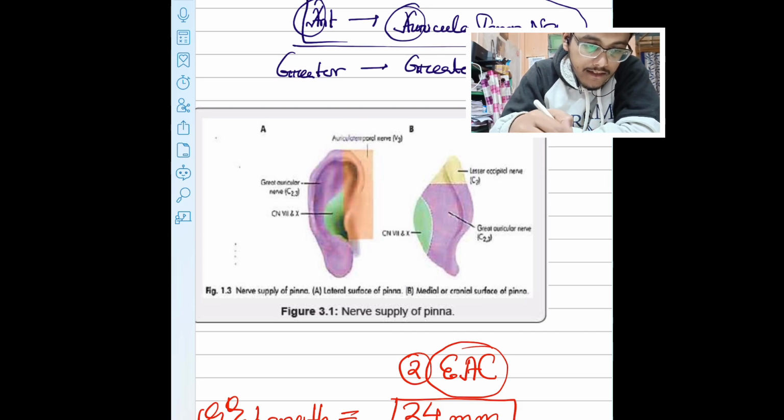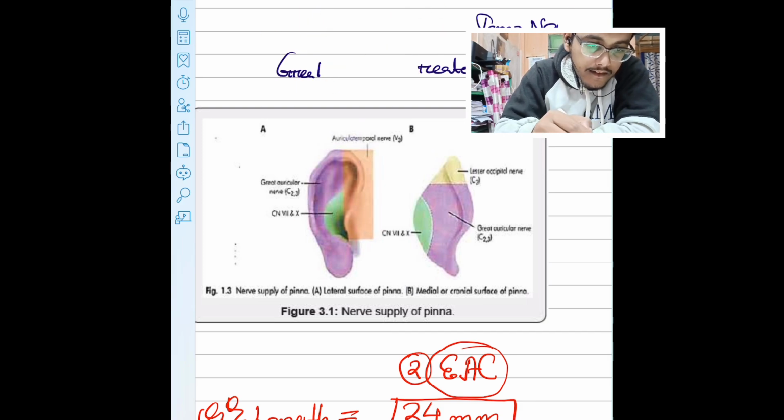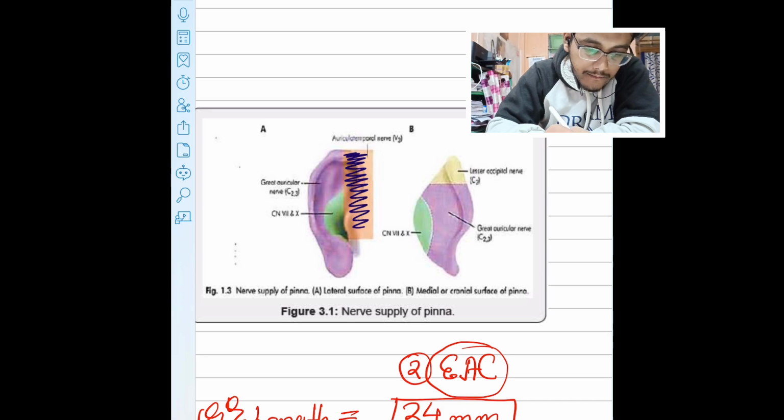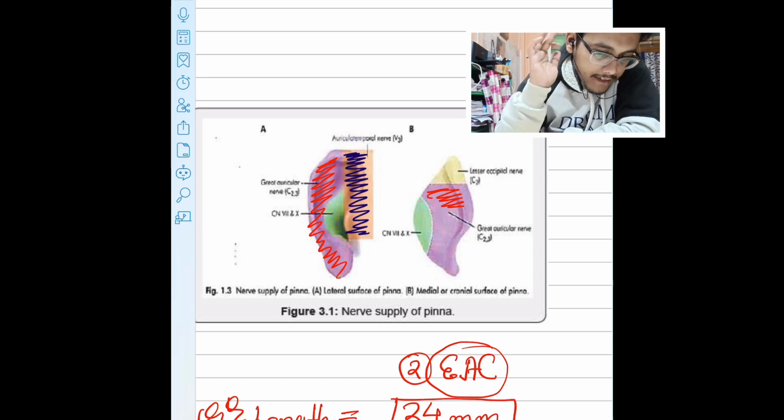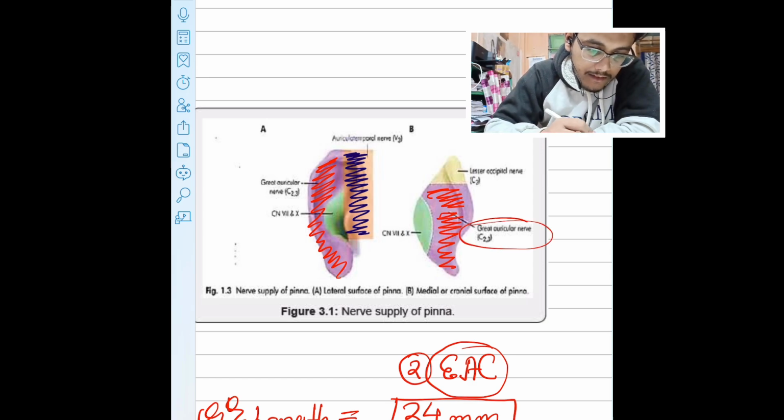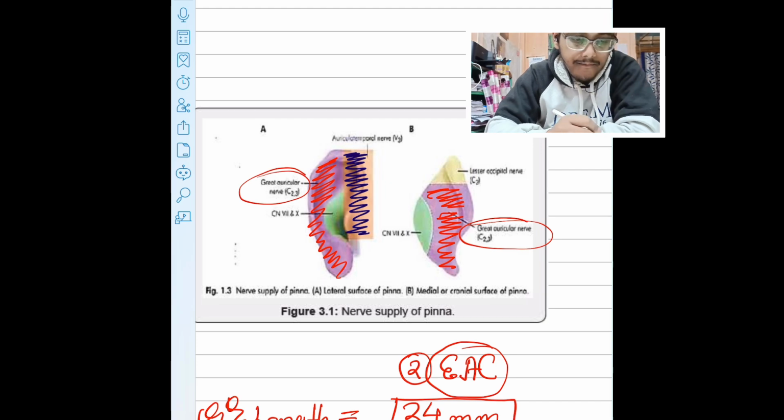You can see here the anterior portion is supplied by the auriculotemporal nerve. The rest, the greater part, even from the back side, is supplied by the greater auricular nerve.